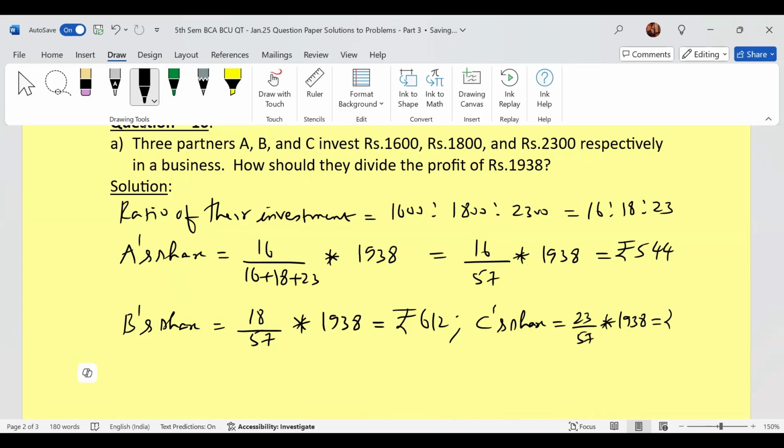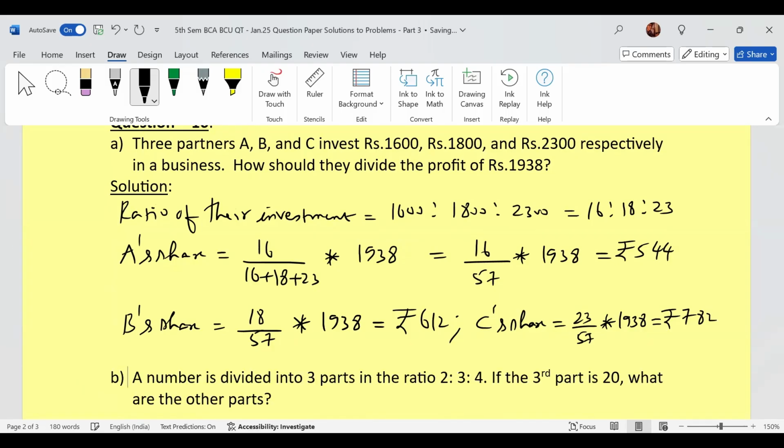If we calculate that, we will get 782. Now, if I add all this, 782 plus 612 plus 544, I should get 1938. Yes, we get. So that is the solution for the individual shares.